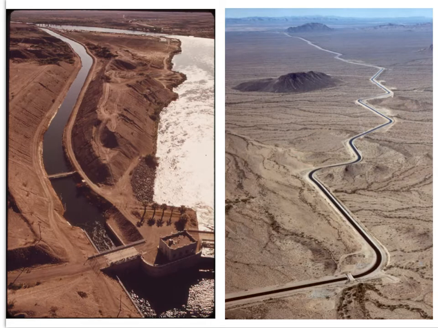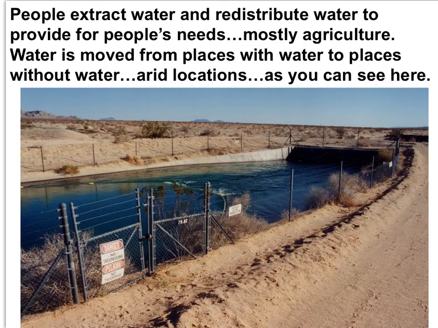In these photographs, you can see canals transferring Colorado River water into arid Arizona. People extract water from rivers and redistribute water to provide for people's needs, mostly agriculture. Water is moved from places with water to places without water, typically arid locations, as you can see here.